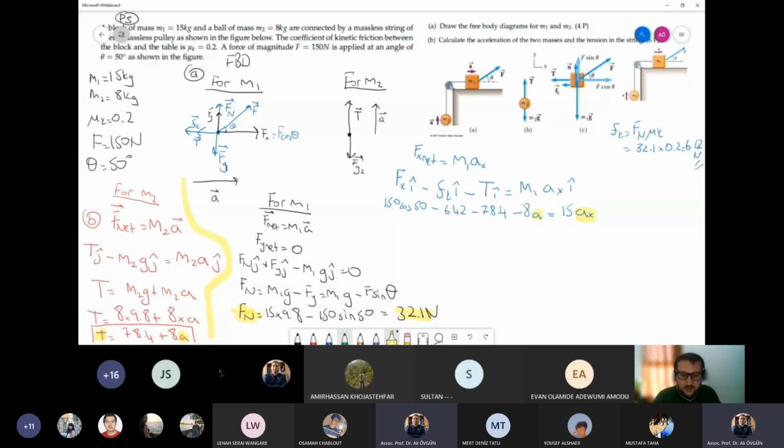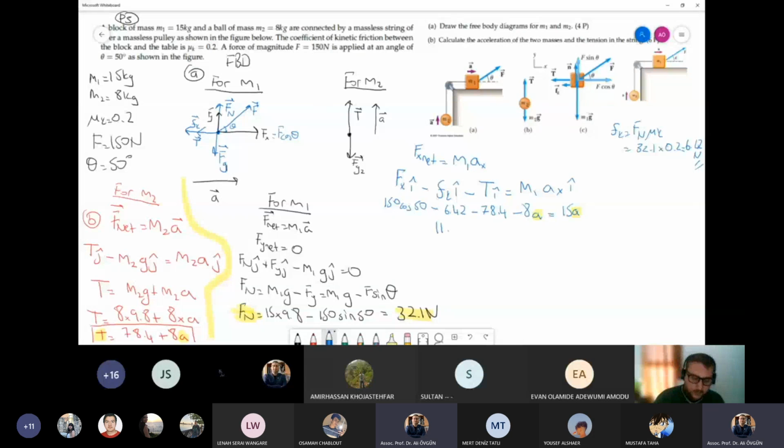As a magnitude, yes, they are same. So let's write them a because they are same thing. A, so they are same as a magnitude. And now calculate what is the A. How can you calculate? By calculator, 150 times cosine, no, not 60, cosine 50 minus 6.42 minus 78.4.